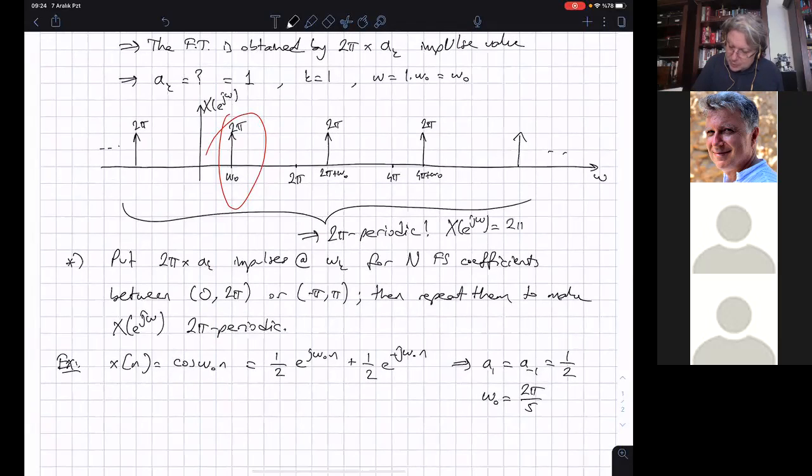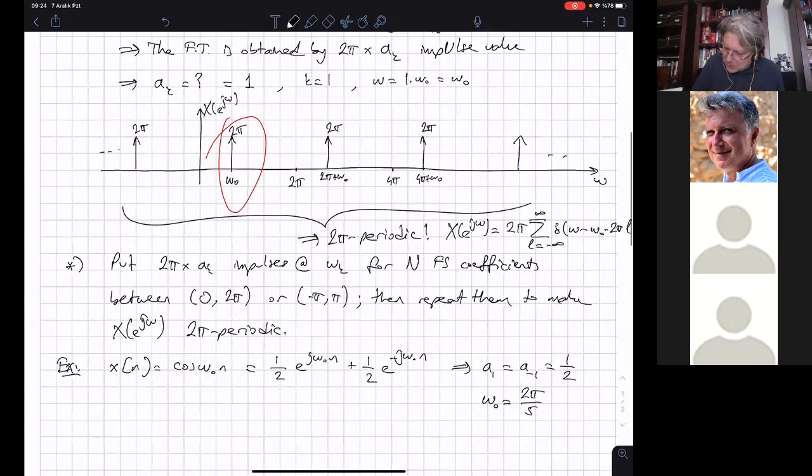So I can write it as 2 pi times the summation from L equals minus infinity to plus infinity of delta omega minus omega 0, which is an impulse at omega 0, and 2 pi periodic versions of that, minus 2 pi L. I'm unable to close the parentheses here.